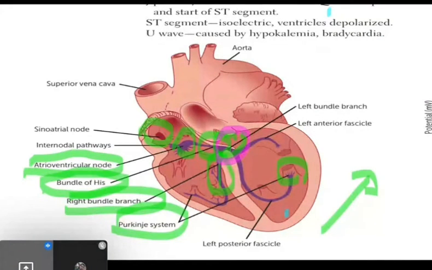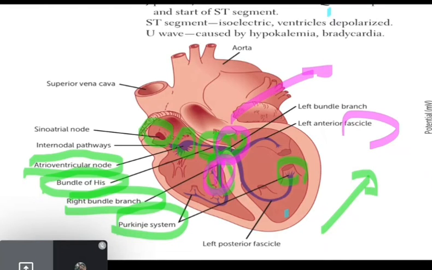If you have a left bundle branch block or right bundle branch block, the problem is here. The transmission of the electrical signal in these branches is the problem.